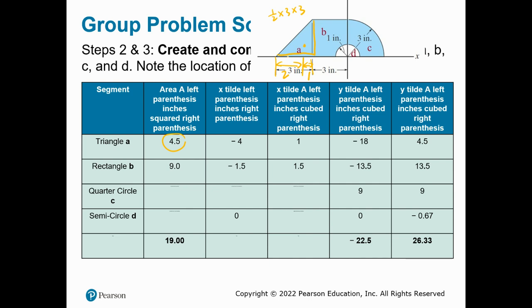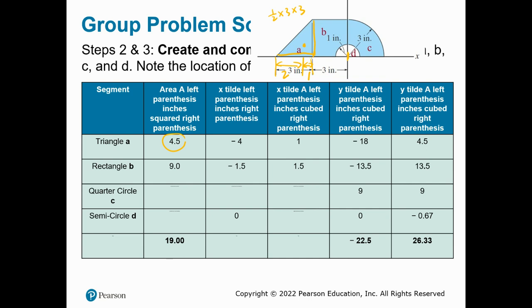This refers to the horizontal direction. Now be careful over here. Yes, it's 1 inch from the base, but the coordinate needs to be the actual location relative to the x and y axis. So the base of the triangle is 3 inches from the origin.